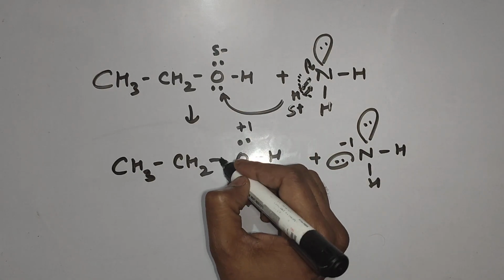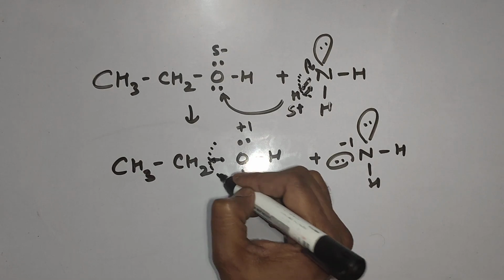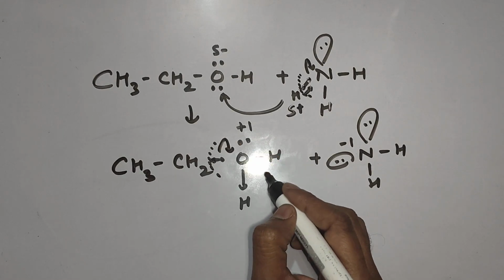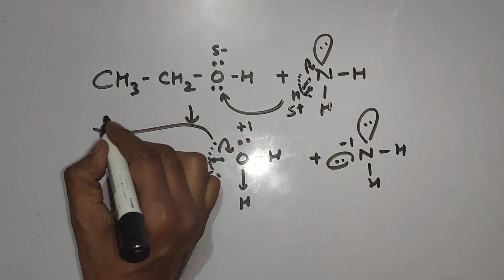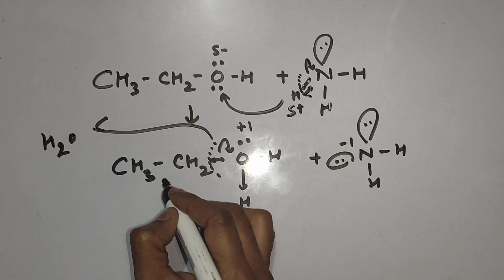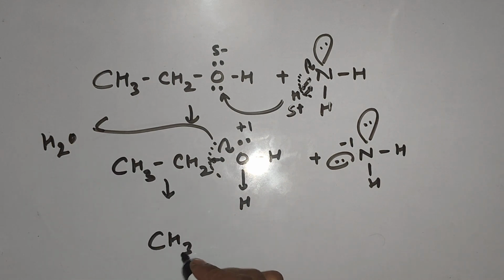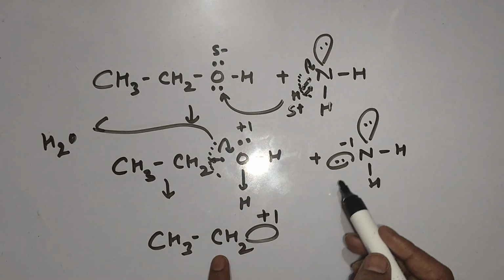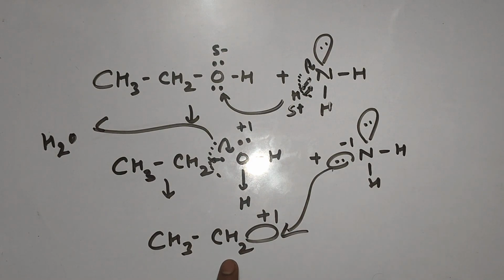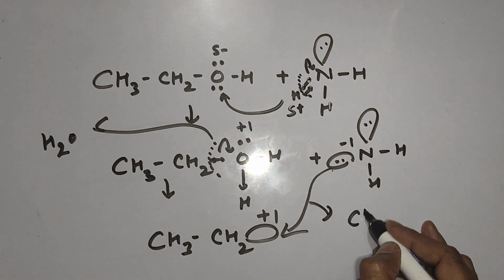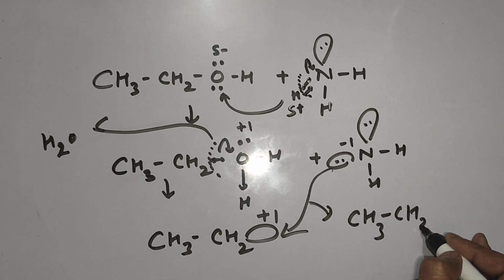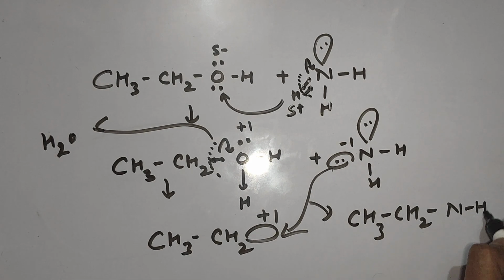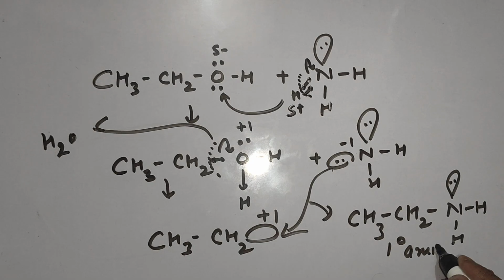So it is unstable. What will it do? It will break the bond from carbon, and obviously electrons will shift toward oxygen. So from here H2O will be released, and this carbon you can assume as a carbocation, which will be filled by nitrogen. So what are we getting? CH3, CH2, NH2. This is 1 degree amine.